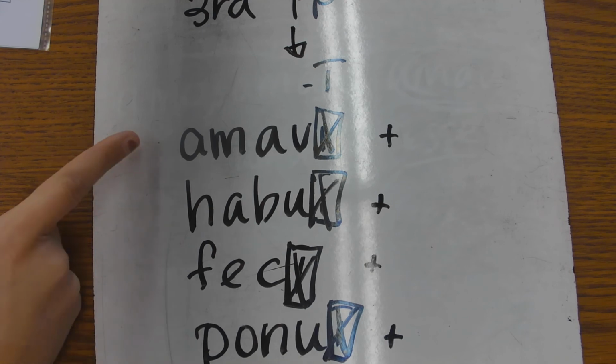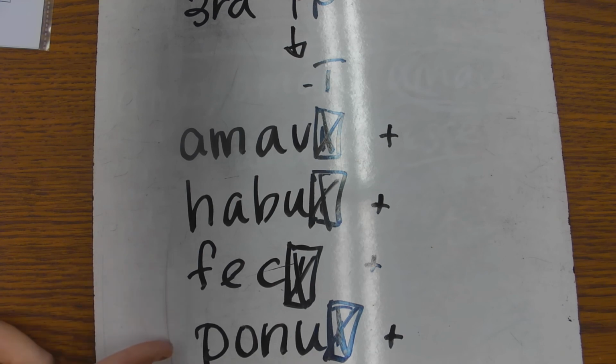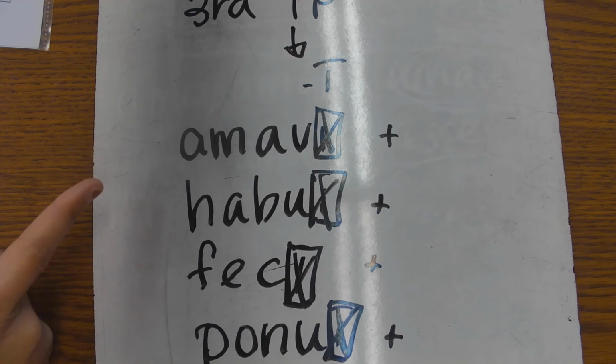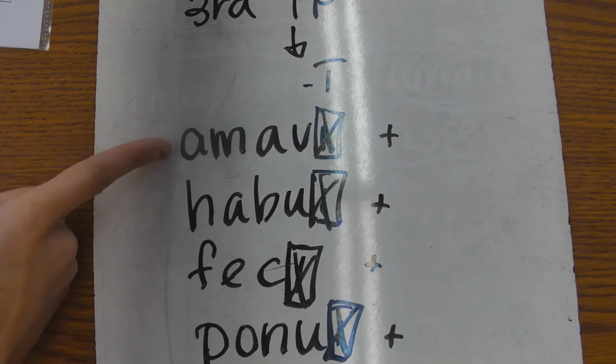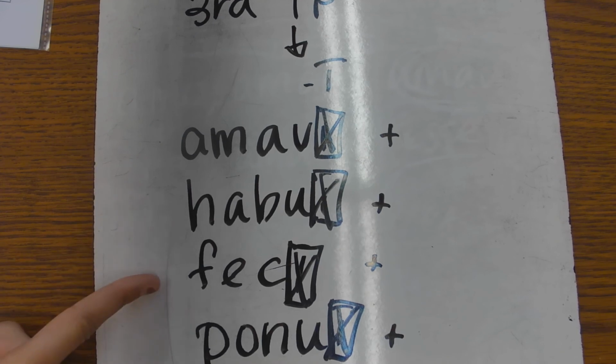Okay, just like amo is the simplest form, amavi, habui, feci, posui, those are all the simplest form of the perfect system. Okay, so this is I loved, I had, I made, I put.